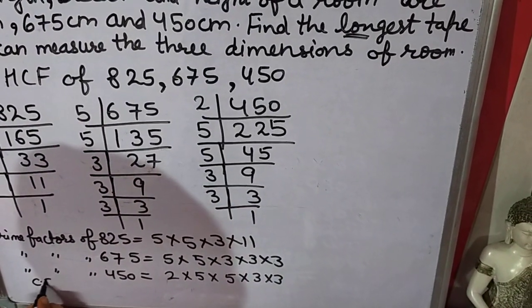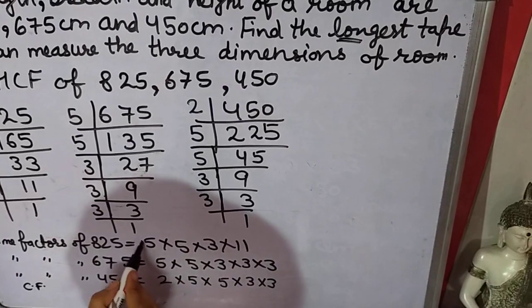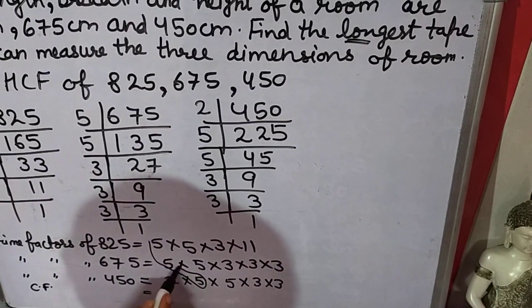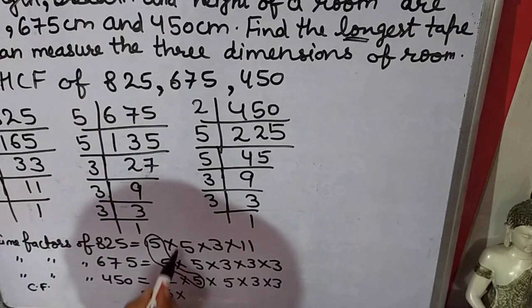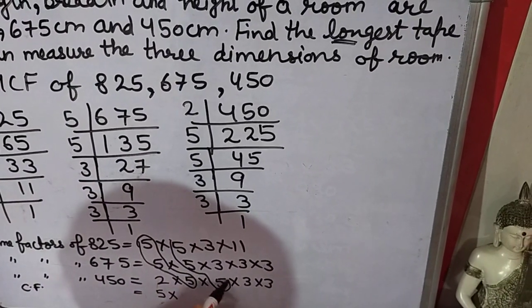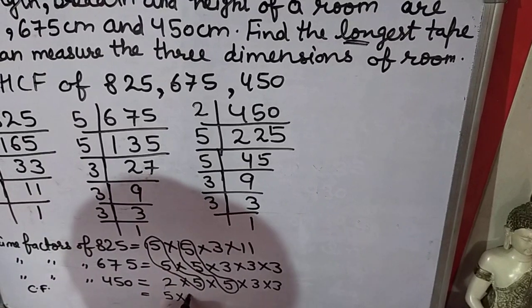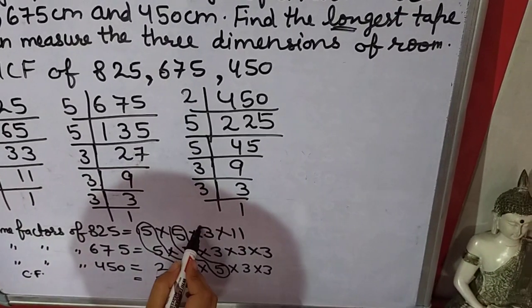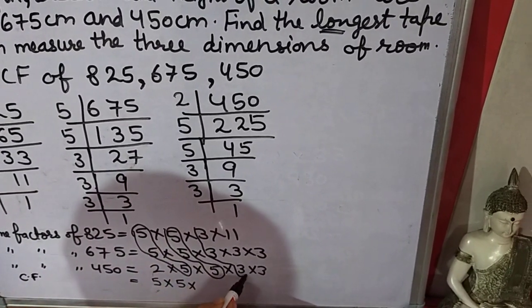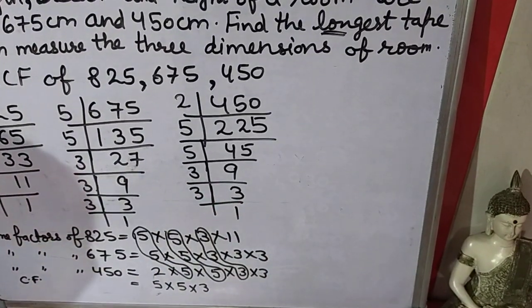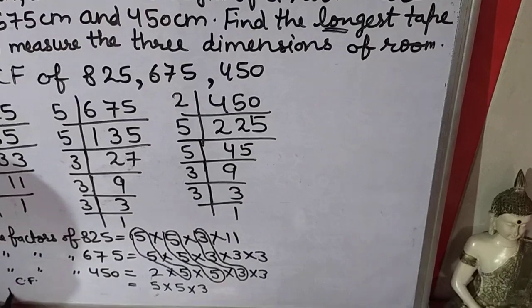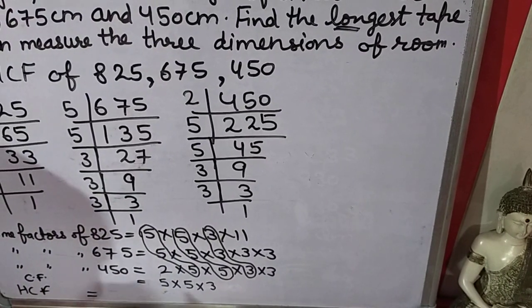Now we will find common factors. First this 5, then this 5, then this 3. That's it. Only 3 common factors are there. So for HCF we will multiply these common factors.